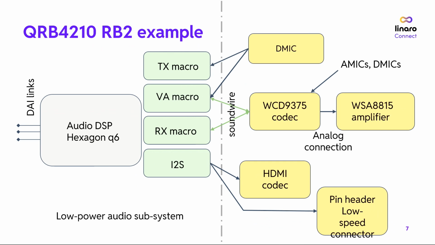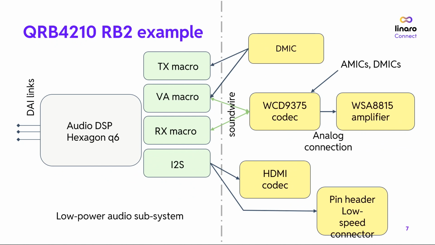RX macro and VA macro communicate with the WCD codec via SoundWire, and the WCD codec outputs analog signal into the WSA amplifier, and it has speakers, and audio mic and DMic connected to the WCD codec. We never tested that, and we don't know if it works. And on RB2 there is also a DMic that is directly connected to the VA macro and TX macro.